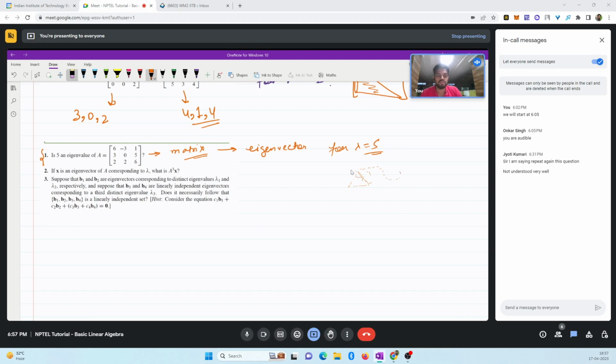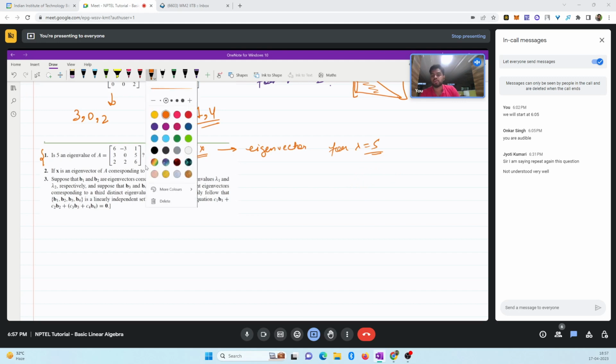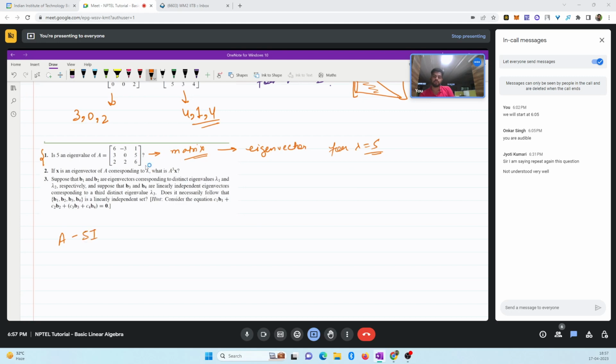Okay, so we will do the same thing again. Okay, so we'll try to look at the matrix A minus 5I. What is that matrix? This was the first question. Okay, so it would be 1, minus 3, 1. This is 3 minus 5, and this is 5.